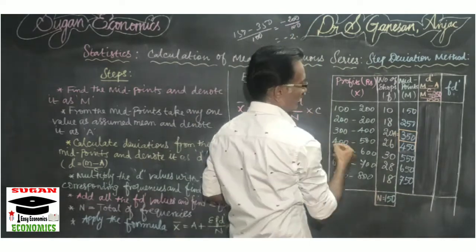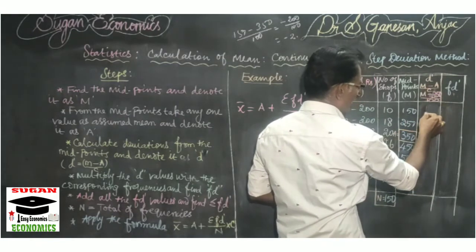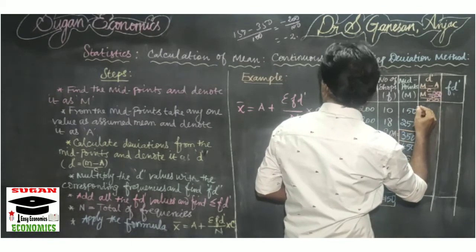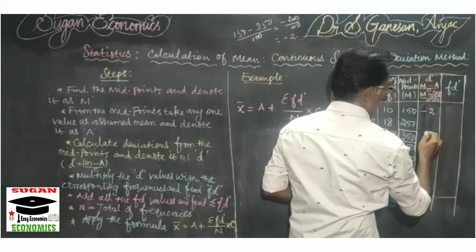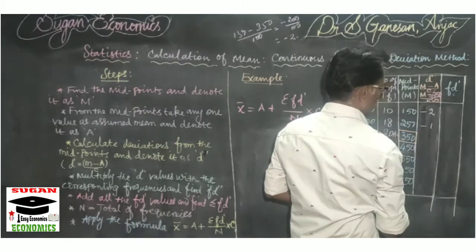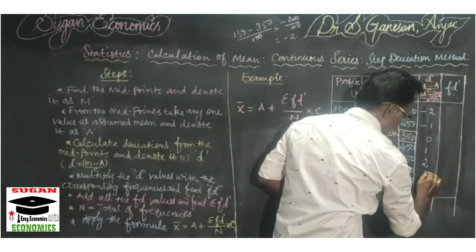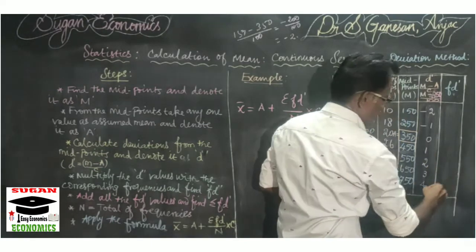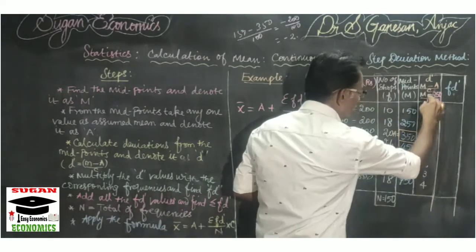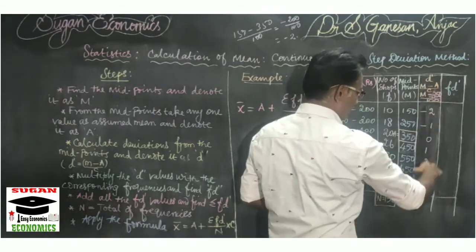Very clear? Okay. So the first d dash value is minus 2, then minus 1, and then you put 0, 1, 2, 3, 4. This is the procedure to calculate the d dash value.